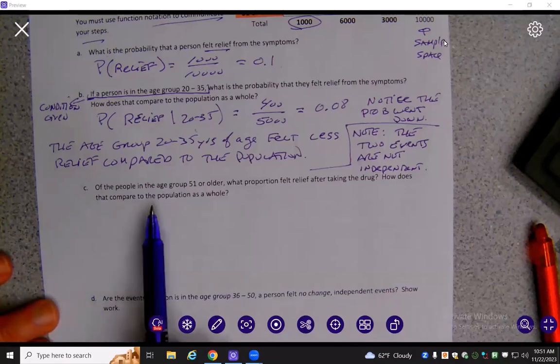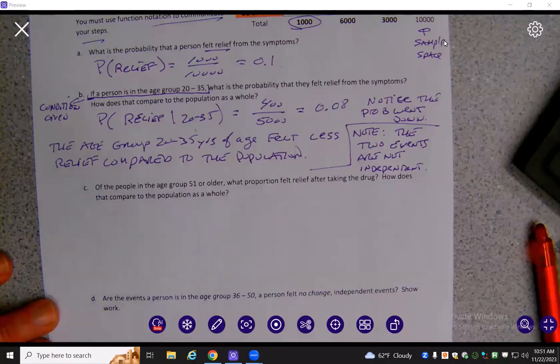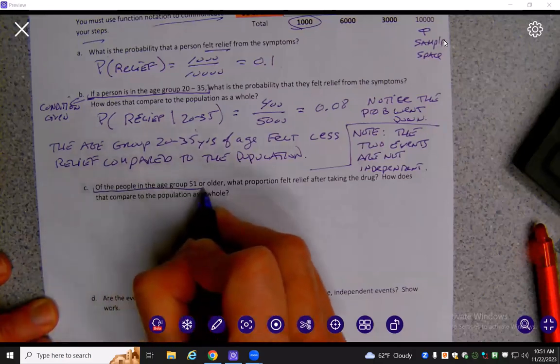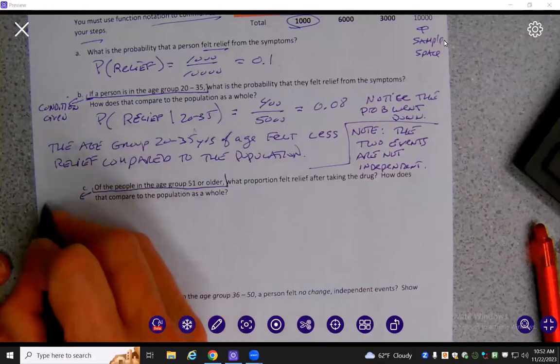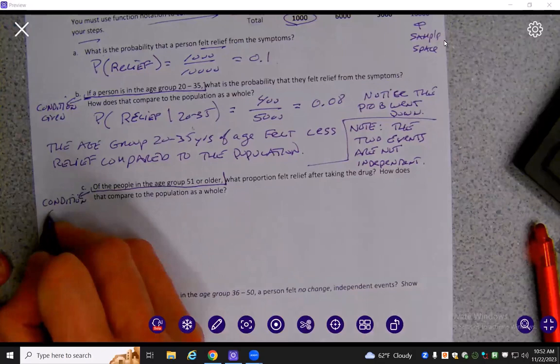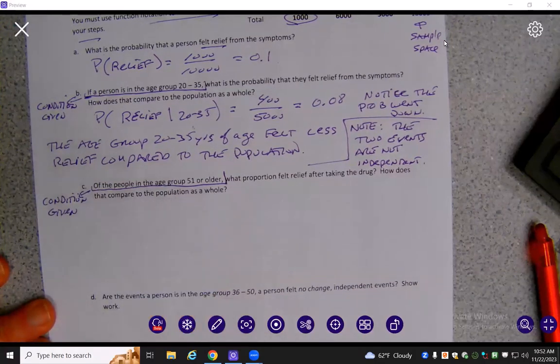So of the people in the age group 51 or older, what proportion felt relief after taking the drug? So notice again, of the people in the age group 51 or older. So again, notice the condition. We're not talking about everybody. We're talking about a particular group, the people in the age group 51 or older.